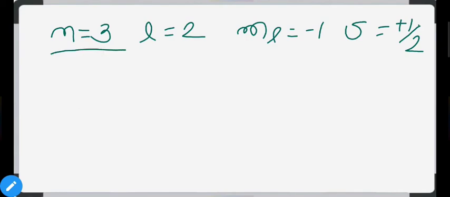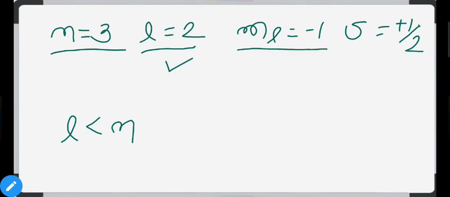Here our principal quantum number is 3. So that means the electron is present in the third orbit, which is possible. Now our azimuthal or subsidiary quantum number value is equal to 2. As mentioned earlier, the value of L must be smaller than n, and it is smaller than n, so it is possible. Now the ML value is minus 1.